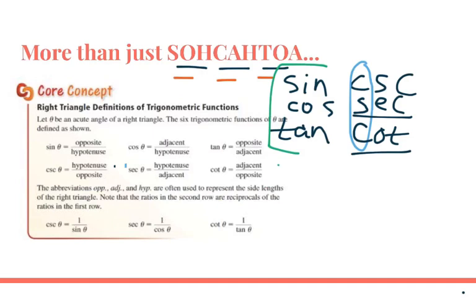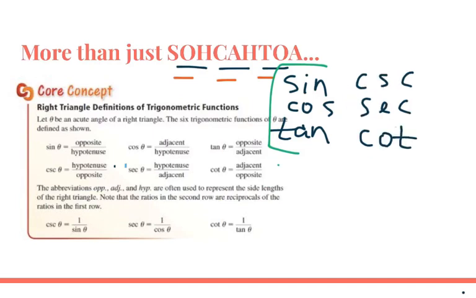It's the exact same order that SOHCAHTOA goes in. Right next to sine, the first one you write is CSC, and then going down, you write CSC and fill in the blanks. And then that shows you that cosecant is the reciprocal of sine, secant is the reciprocal of cosine, and cotangent is the reciprocal of tangent. So the ones that are right next to each other are the reciprocal functions.